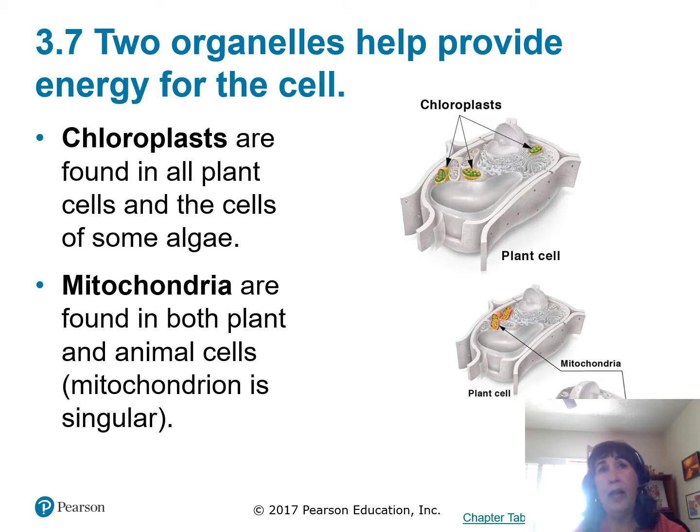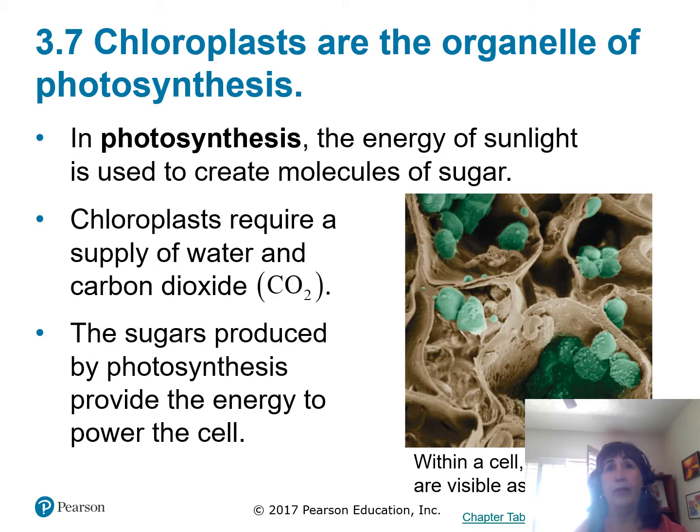Two organelles that help provide energy in the cell are chloroplasts, which are found in plant cells, and mitochondria, which are found in both plant cells and animal cells. So only chloroplasts are found in plant cells, but keep in mind, mitochondria are found in both plant and animal cells. So chloroplasts are the organelle of photosynthesis.